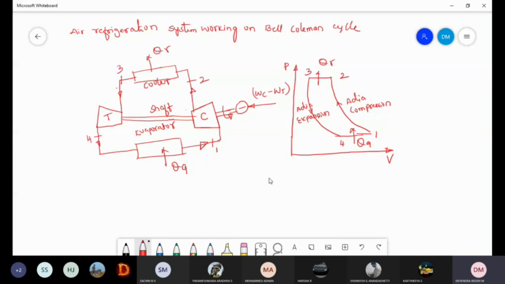Meanwhile, I can write the TS diagram. You write all these three.